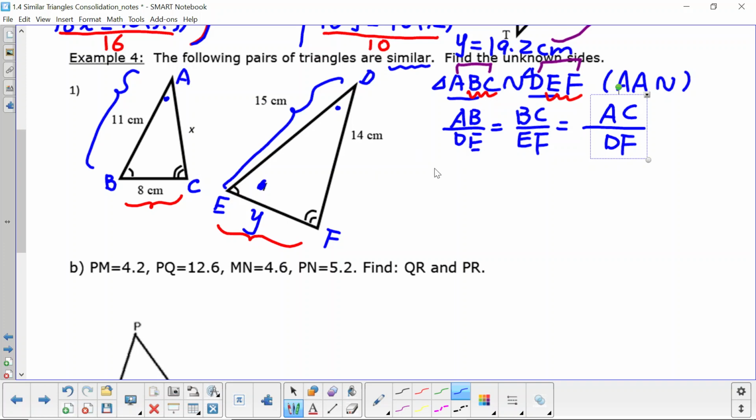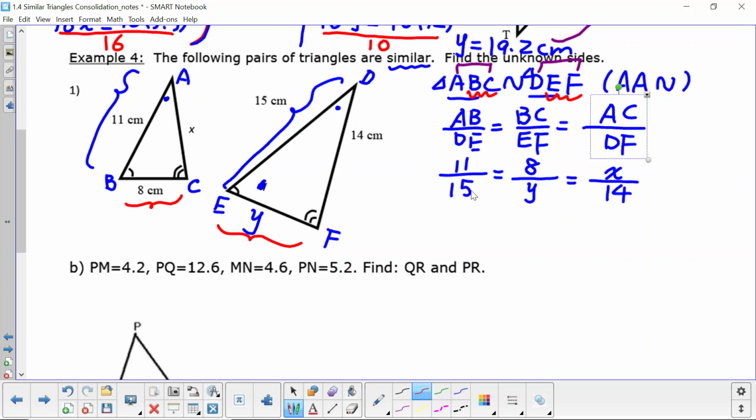So AB is 11, DE is 15, BC is 8, EF is Y, then equals AC is X, DF is 14. Then we have these three ratios here.